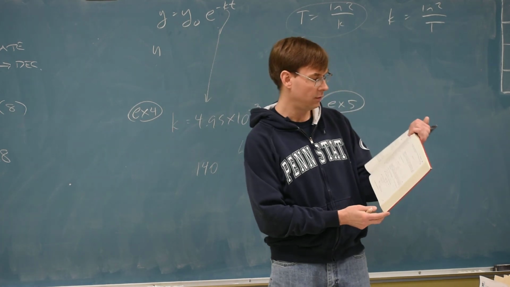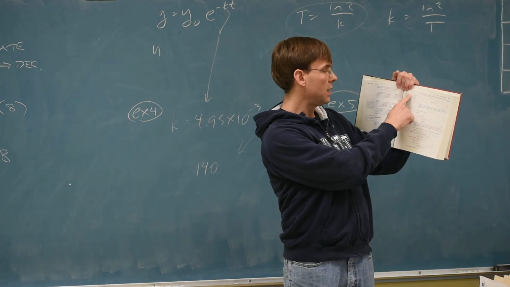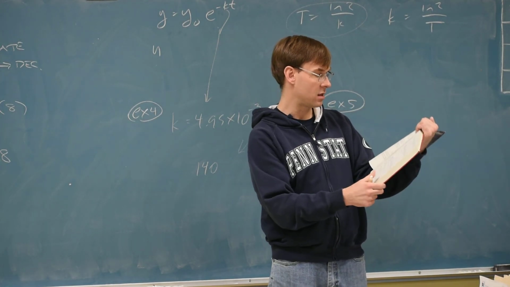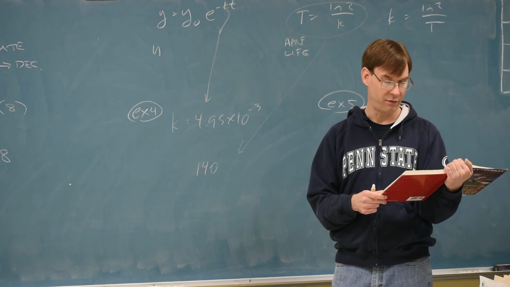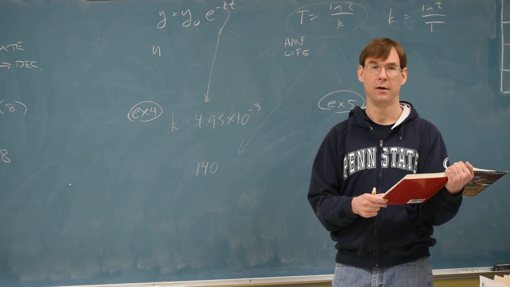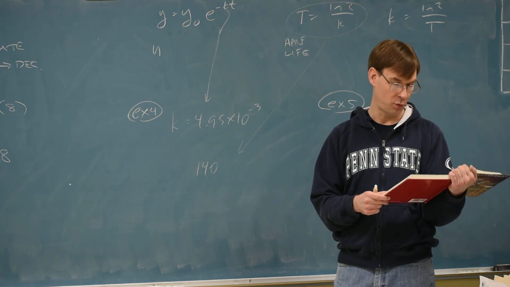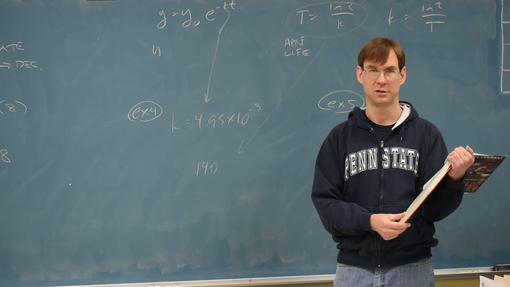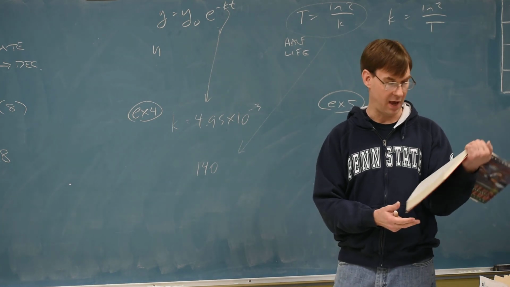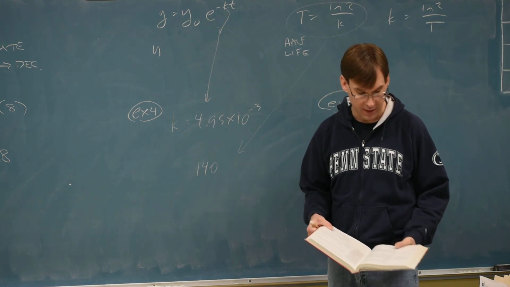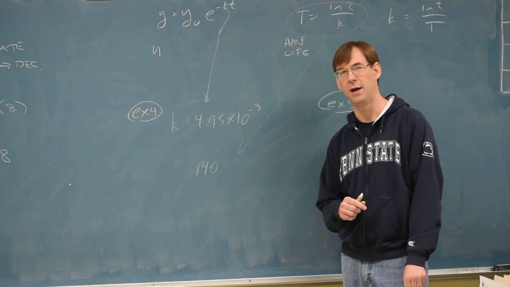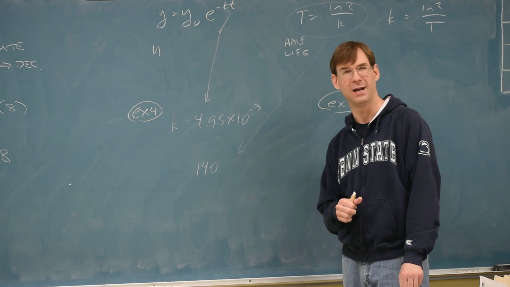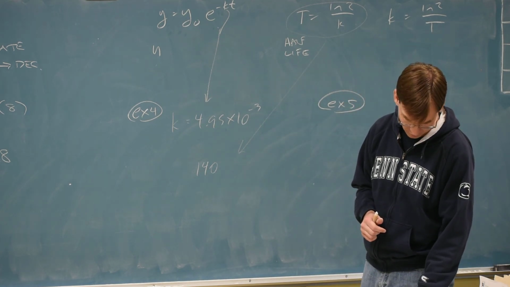If you want to, I would ask you to read the box on page 383 about carbon dating and see if you can spot any flaws in their plan. And if you can't, I'll explain to you a whole bunch of flaws in the plan, but we'll save that for another day. For this, we'll just do the carbon dating the way they wanted, even though I don't particularly buy into this as the most accurate scheme in the universe.